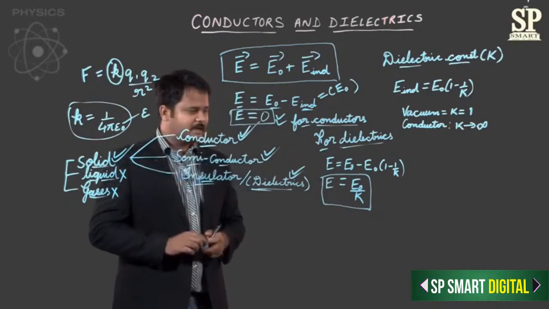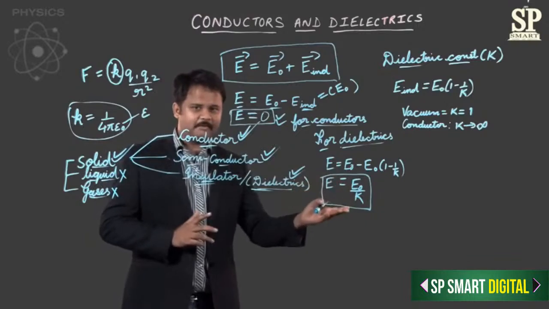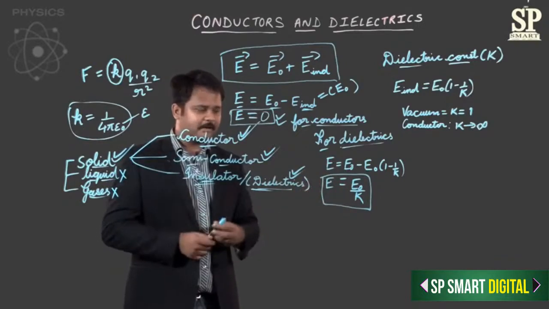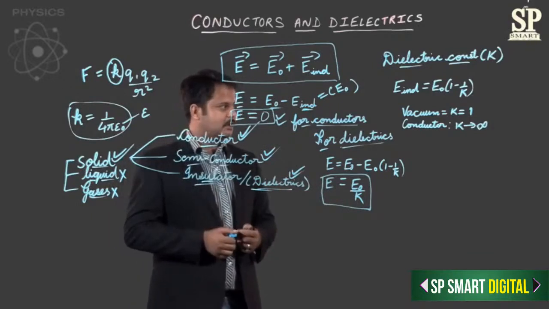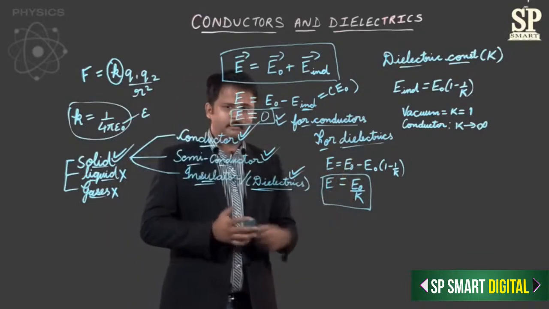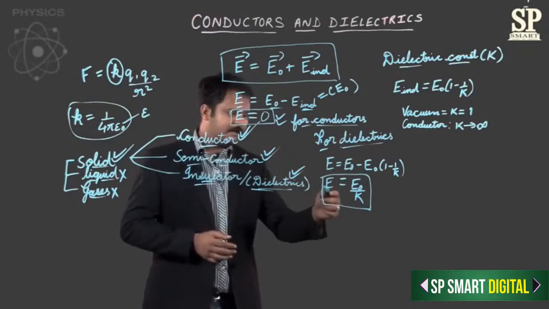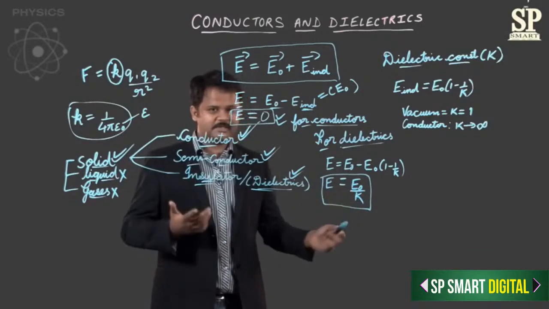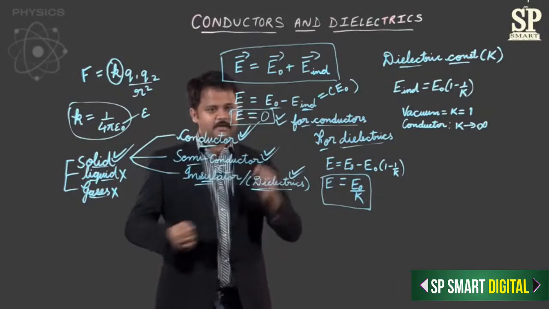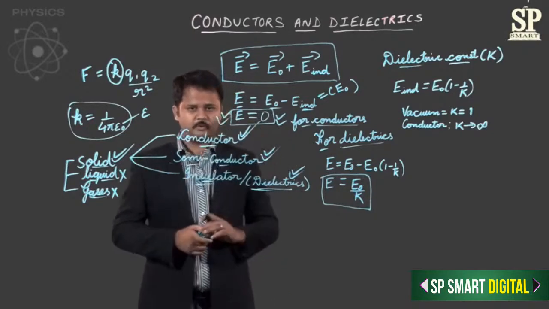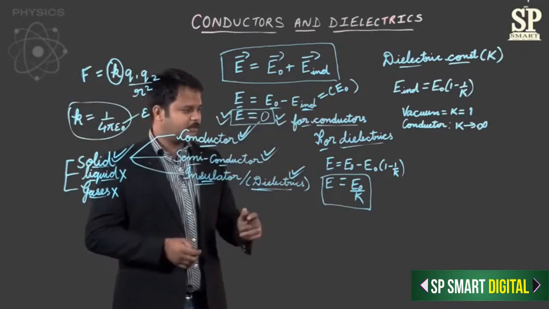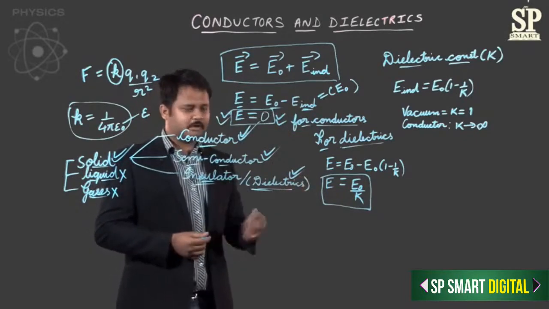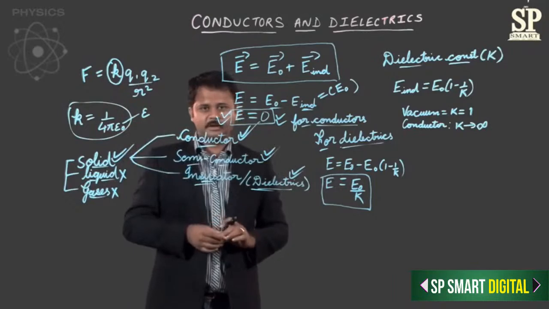It will modify the electric field if E naught is the external electric field. If you are considering a conductor, then E becomes E naught upon infinity, which is 0. So in a conductor, this relation always holds true. We will see it in a big way in coming sessions. Then if you take vacuum, you have E equals E naught, which is the standard relation.